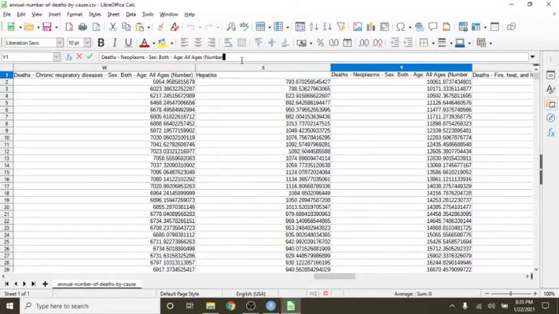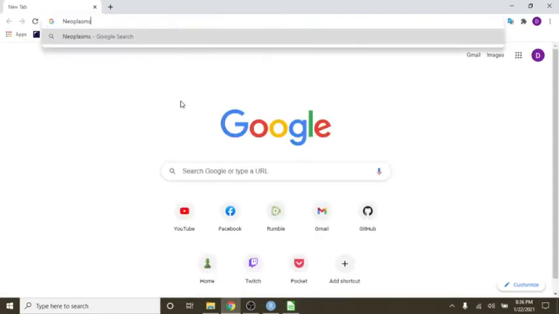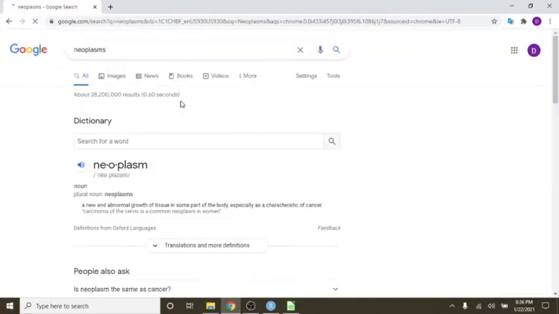What the heck is neoplasms? Let's see what this is. Okay.